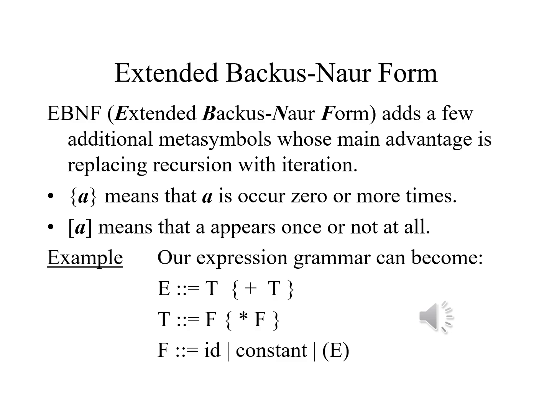So we can rewrite our expression grammar. E derives T, and in curly braces plus T. T derives F, and in curly braces times F. F derives identifier, or constant, or E inside parentheses.